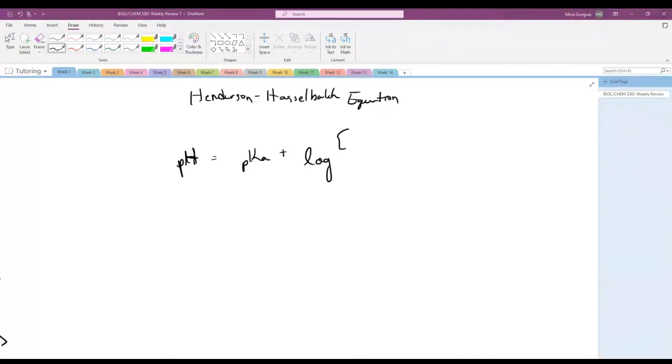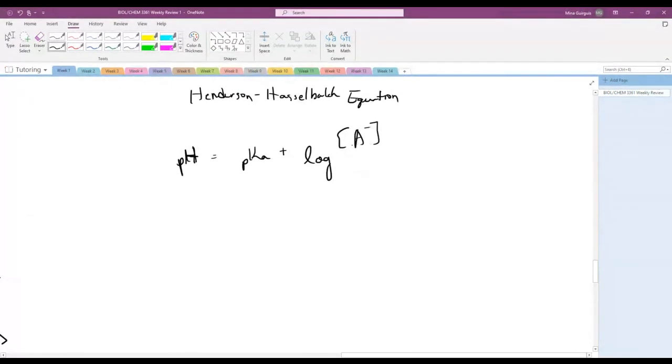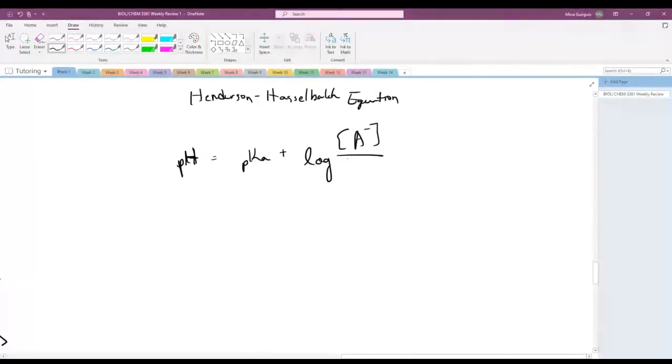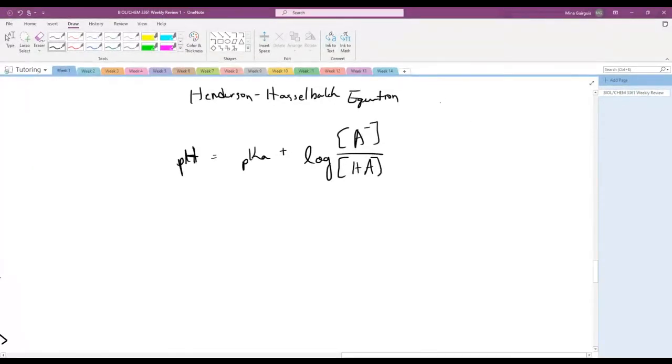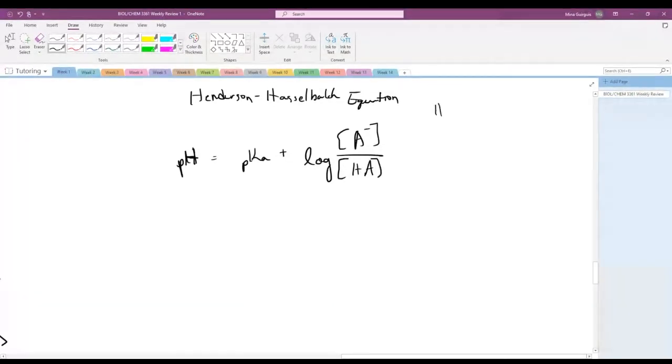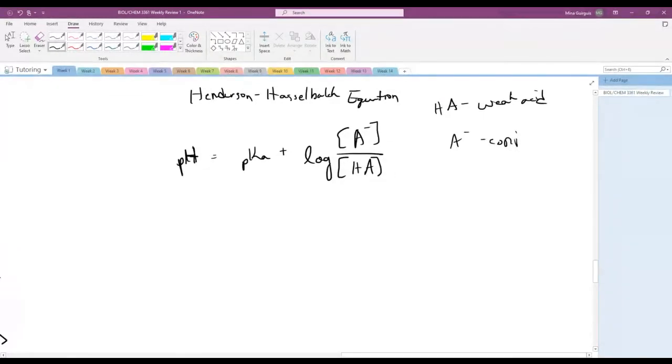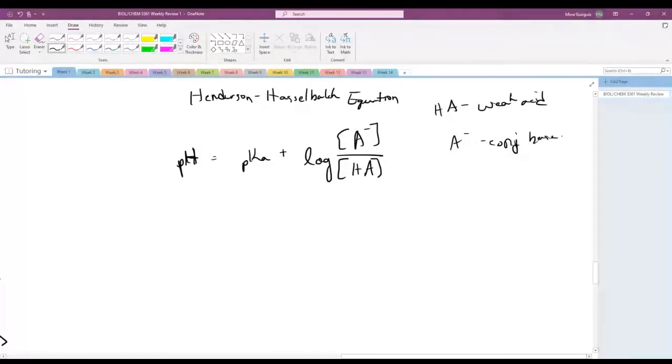I'm just going to write it so that I don't keep misspeaking. So this is the formula that I memorized. In this case, HA is the weak acid, and A minus is the conjugate base of the weak acid.